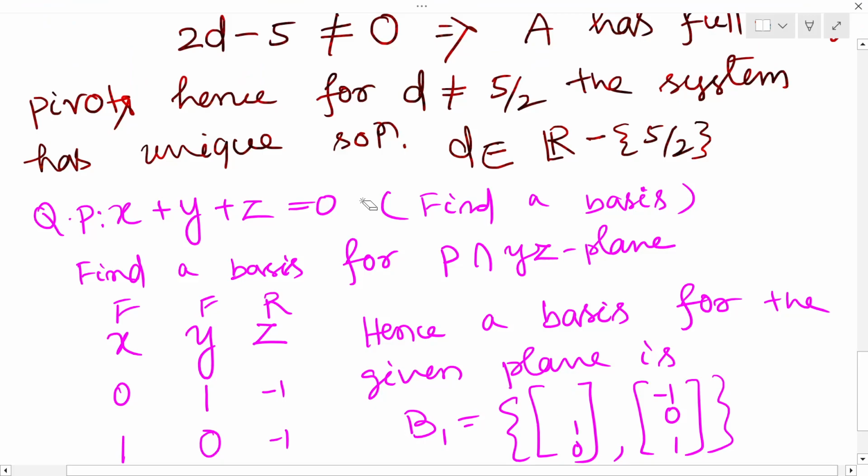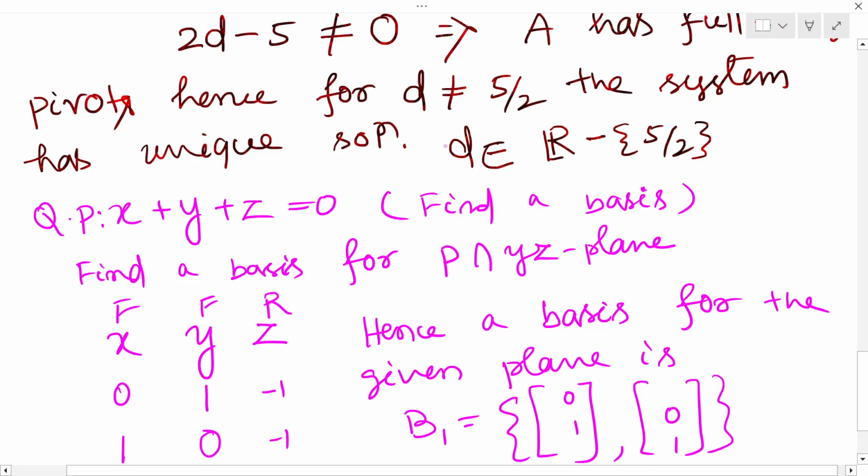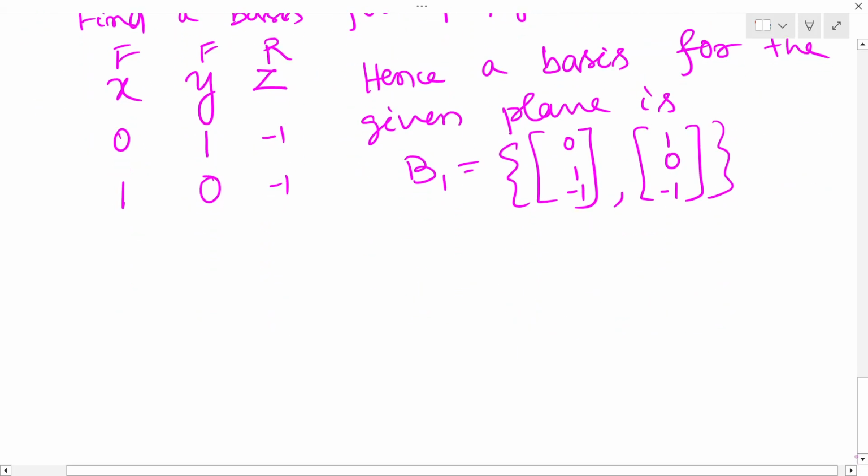Basis will be 0, 1, minus 1, and the second one is minus 1, 0, 1. Now tell me, out of these two vectors, which vector will have x component 0?